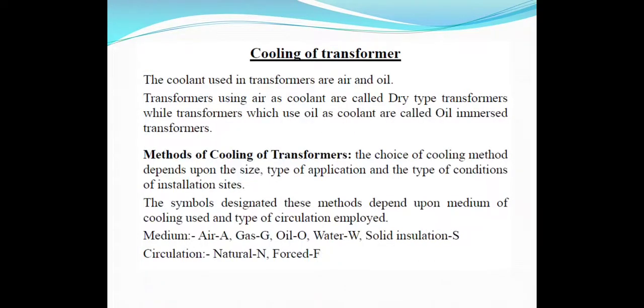And cooling of transformer, normally the cooling of a transformer is by air or oil, and the type will be dry type or oil immersed. Dry type means by the passage of air, and oil immersed type means we have to pass oil.